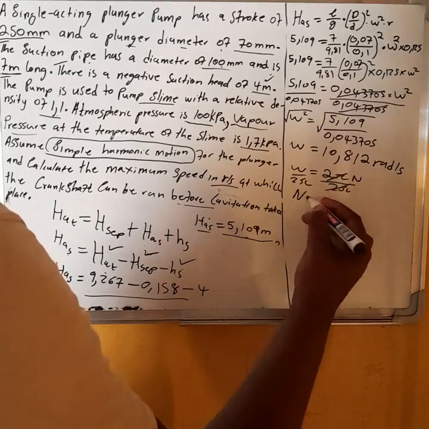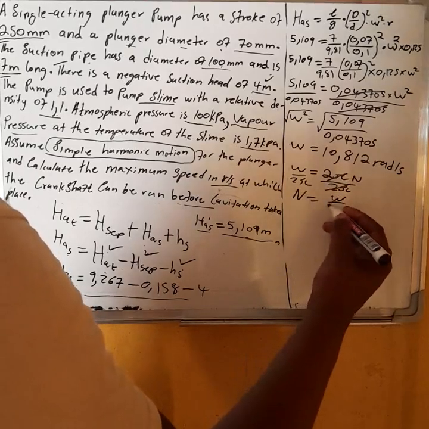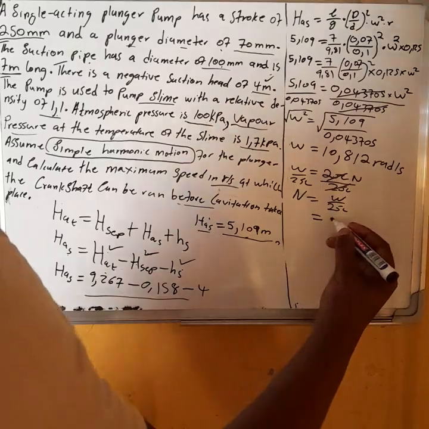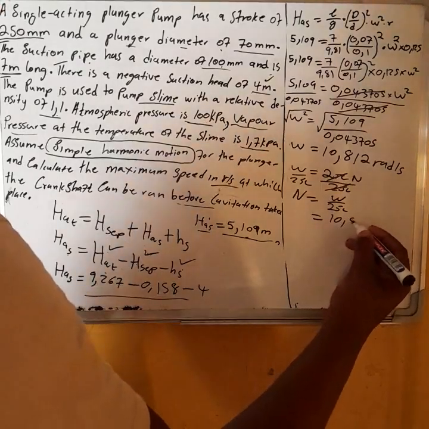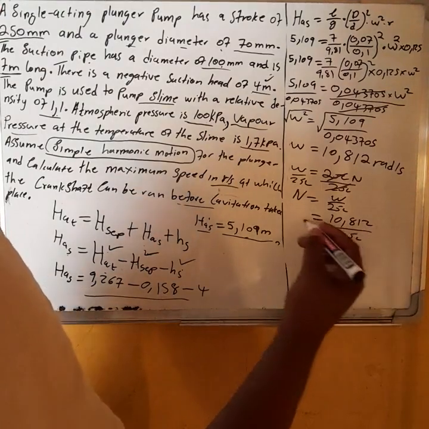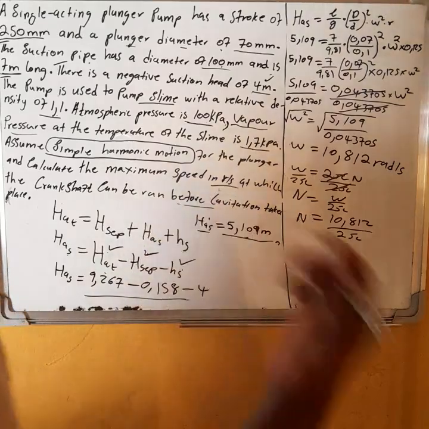Then n equals omega over 2 pi, which is 10.812 over 2 pi.